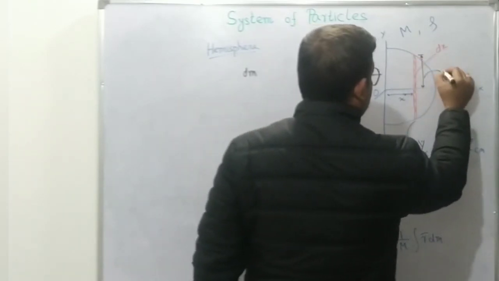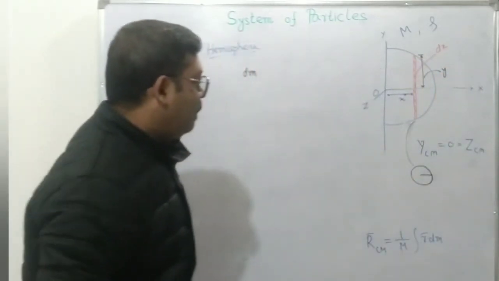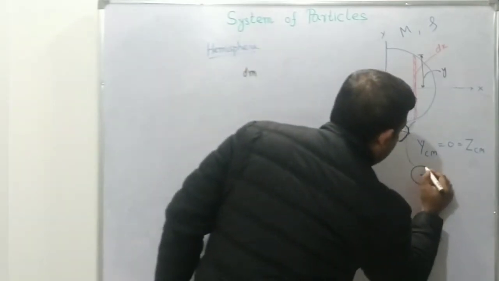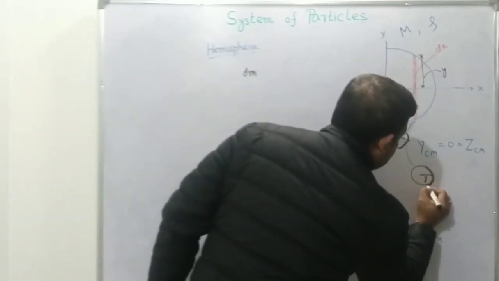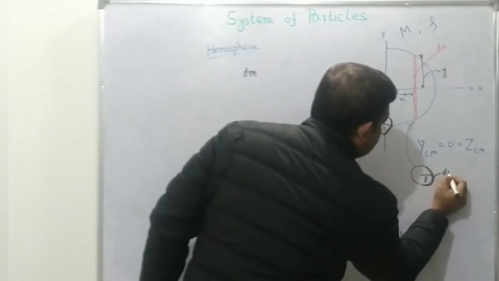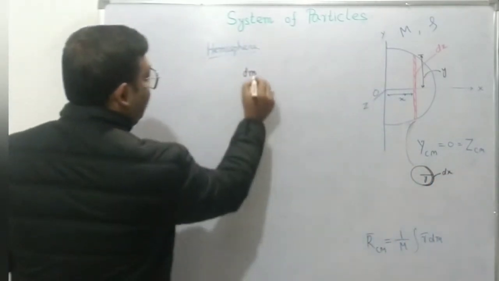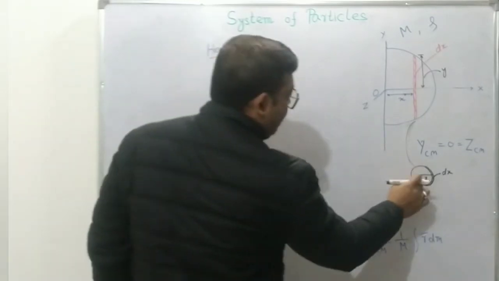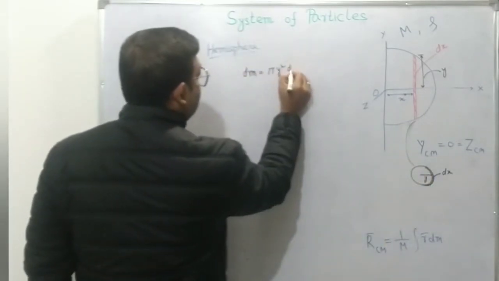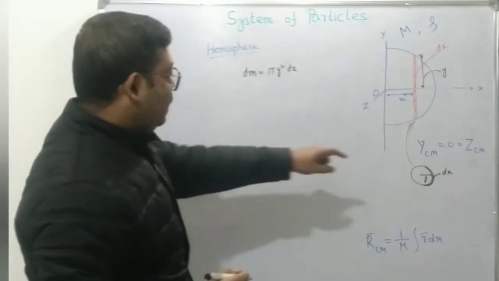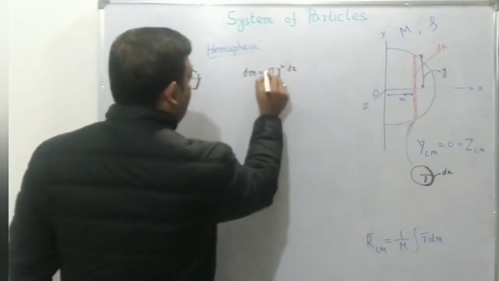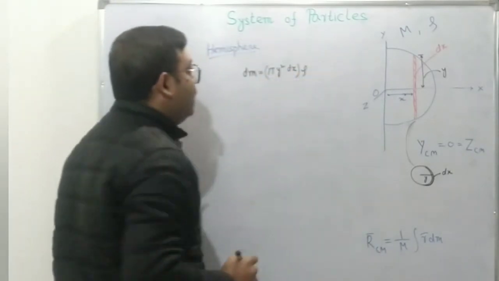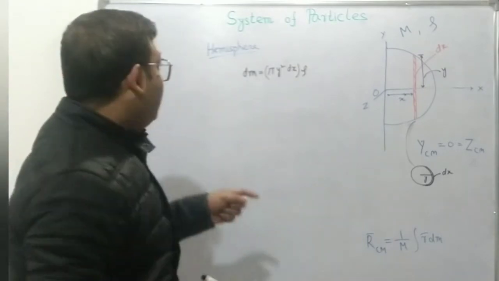Let's call this y. So y is the radius of it, and it has a thickness of dx. So dm will be pi y square, the area of the disk, multiplied by dx, the thickness of the disk. Whole thing multiplied by the density. Volume into density will give you the mass.